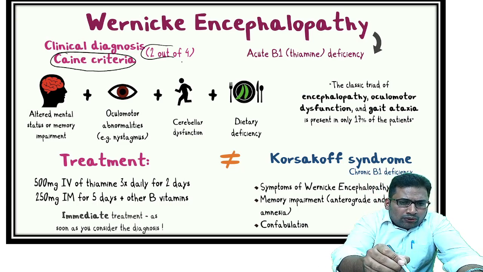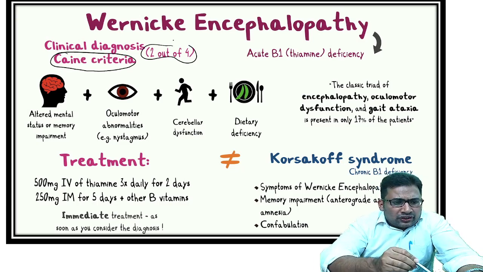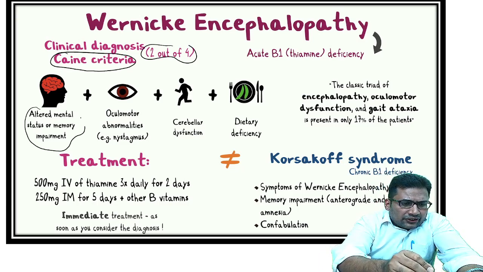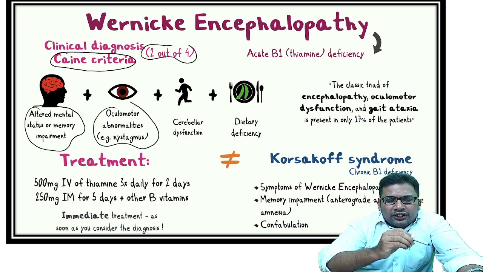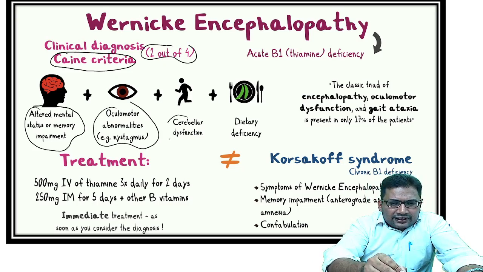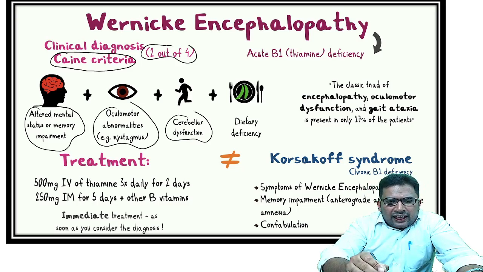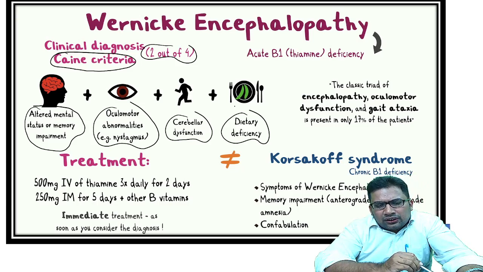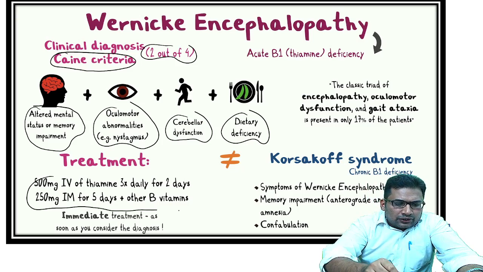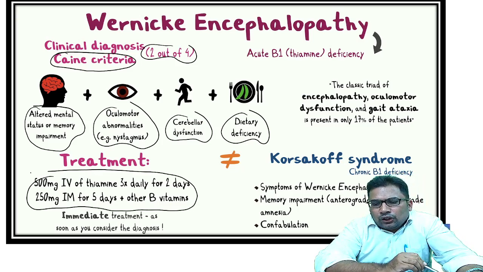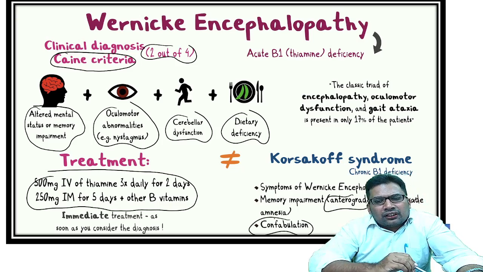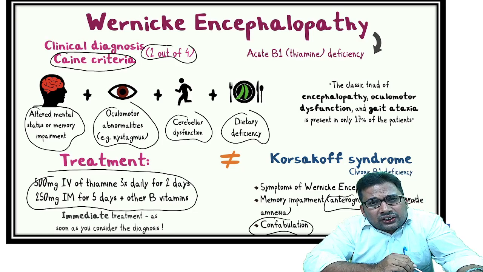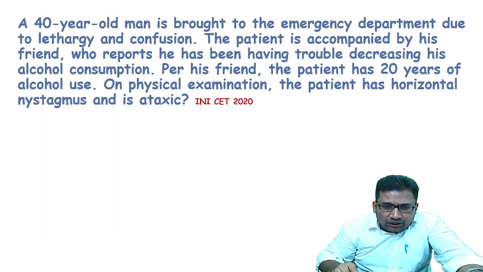So 2 out of 4 are needed for diagnosis: altered mental status, memory impairment, there can be nystagmus, there can be cerebellar dysfunction, dietary deficiency or alcoholism. Treatment is thiamine. Okay. Korsakoff psychosis presents with anterograde and retrograde amnesia, confabulation. Again, the treatment is thiamine.